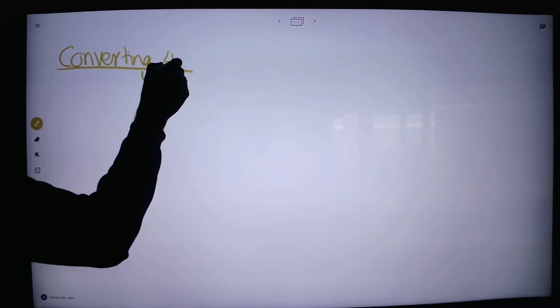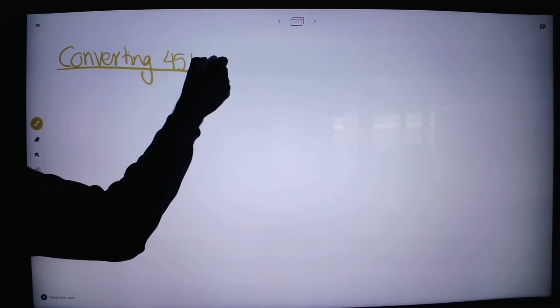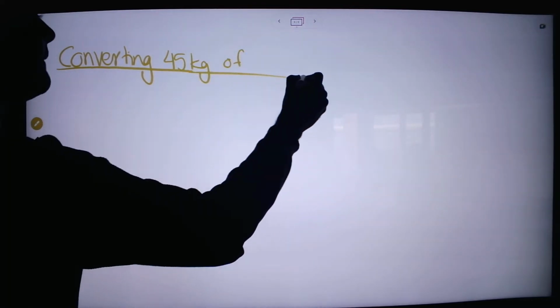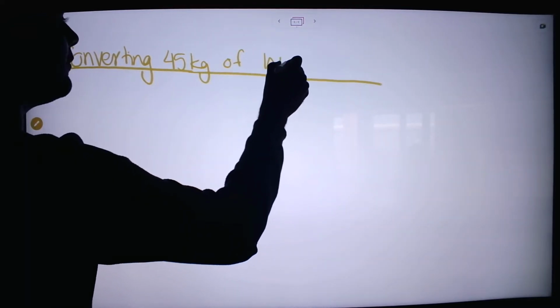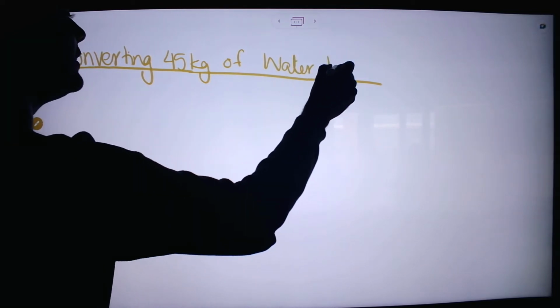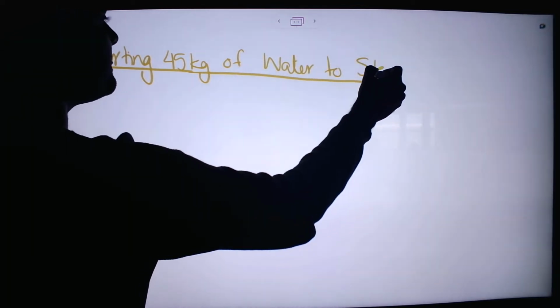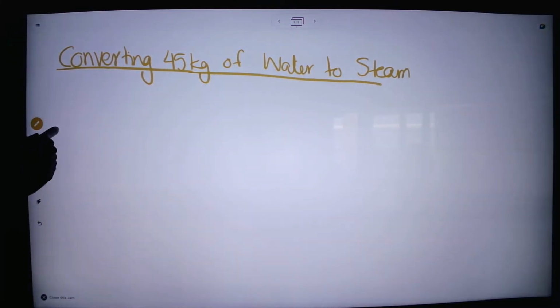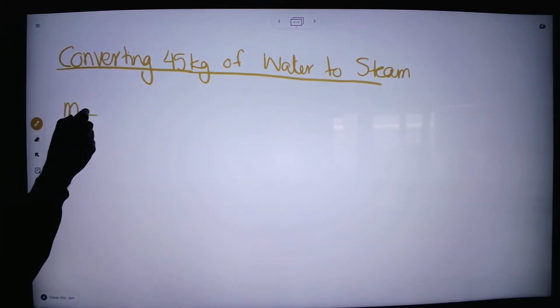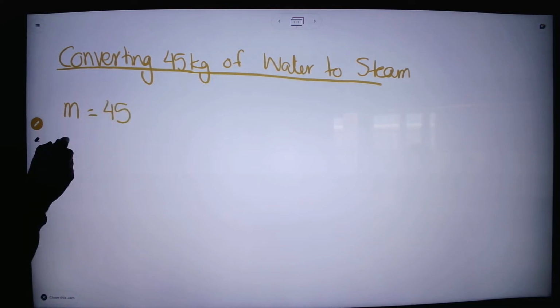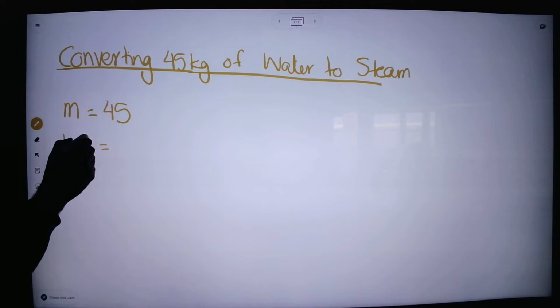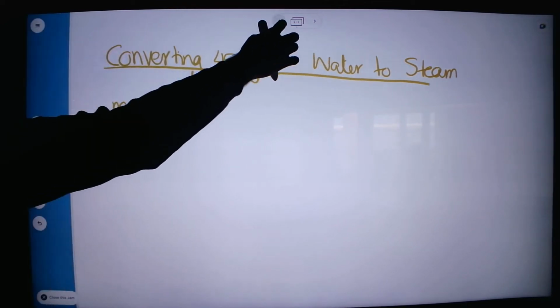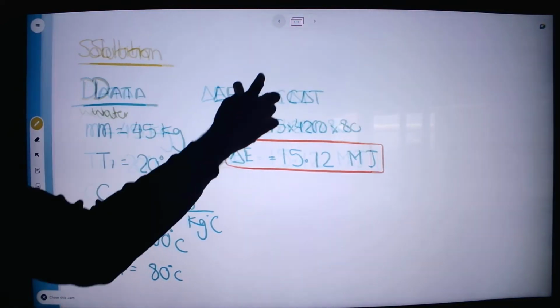Converting 45 kilograms of liquid water into steam, how much energy is required? The mass is 45 and L is the latent heat of evaporation. Let's go back. What was the latent heat of evaporation?